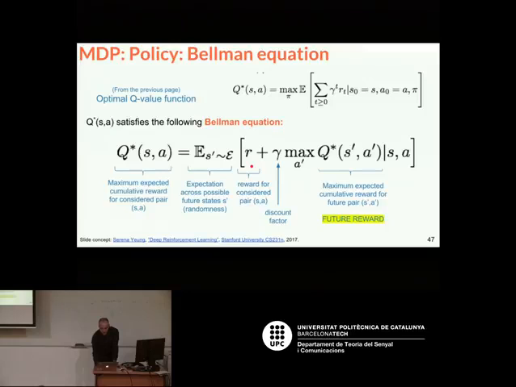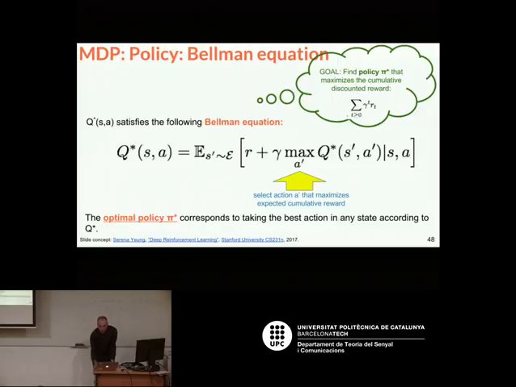But it's a function of the reward that you get from the considered state and action, and also of the maximum expected cumulative reward for the future states. So you kind of say that the best I can get from this state and action is the reward that I have now, plus the best reward that I can have considering the possible future states and actions. That's the way this equation works.